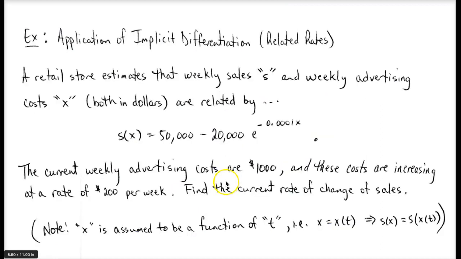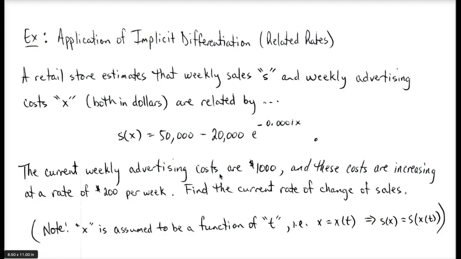All right, so for our next problem, we see that we have a problem where a retail store is trying to keep track of the weekly sales based upon the amount of money they pump into advertising.